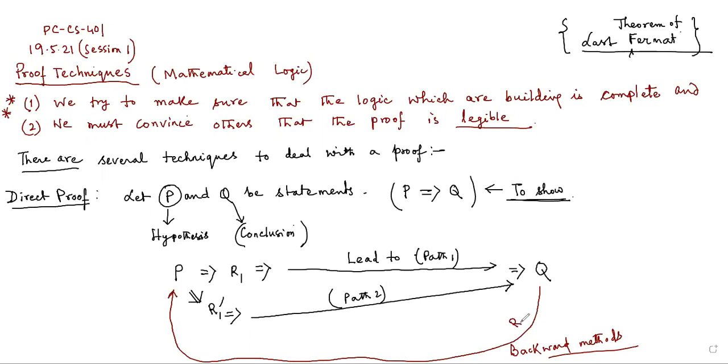So they try to find out, say for example, Rn, from which Q follows. They try to look at this in their mind, and then again move in the backward direction and try to see whether Rn minus 1 was preceding Rn, or whether Rn minus 2 was preceding Rn minus 1.